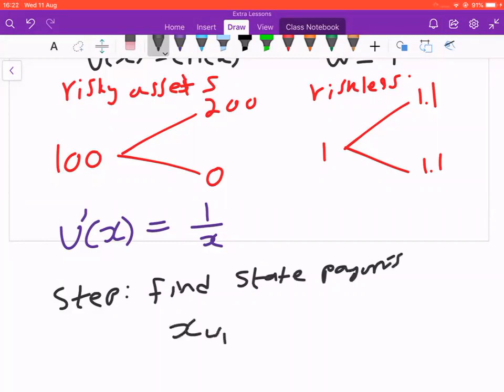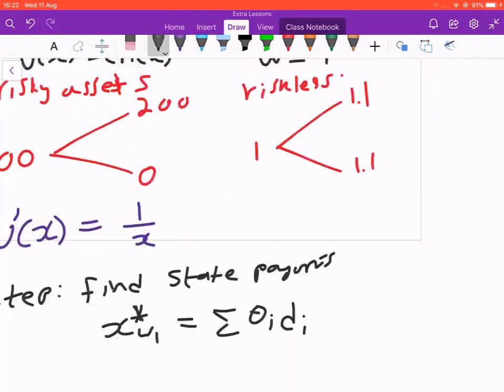State 1. The payoff for state 1 is going to be equal to what? It's going to be equal to the sum of, for asset 1, which is risky asset S, times the payoff for state 1, which again is going to be 200 rand, right?